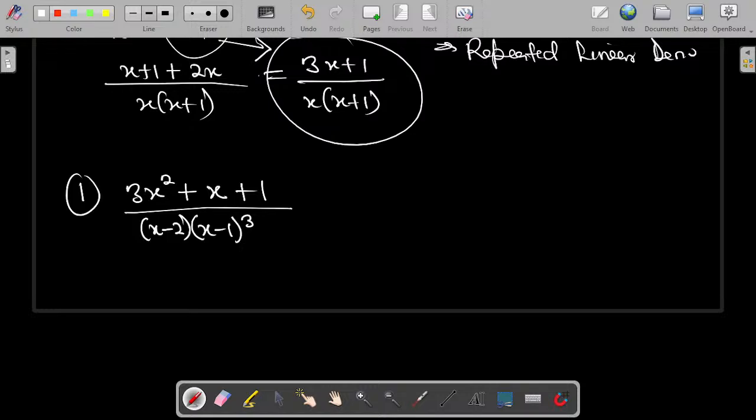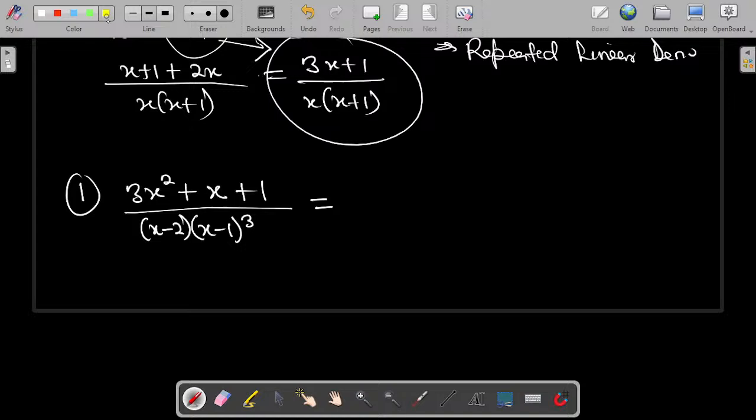Of course, we are going to break it down. What are we going to break it down into? Here you can see we have about 4 factors: x minus 2 and then x minus 1 repeated 3 times.